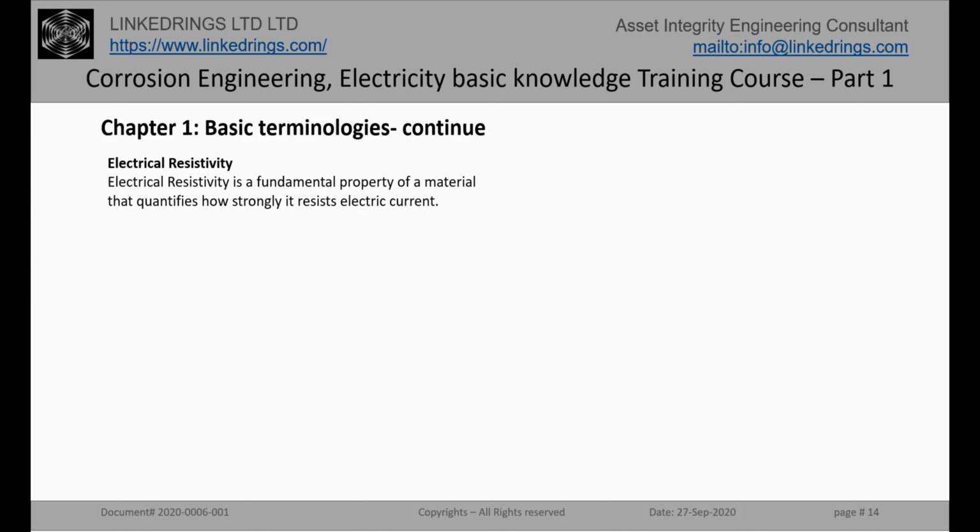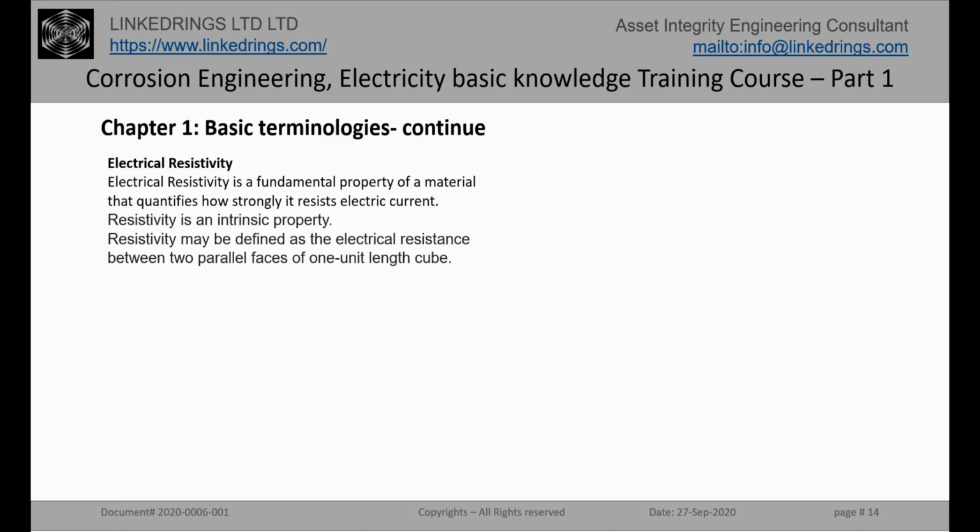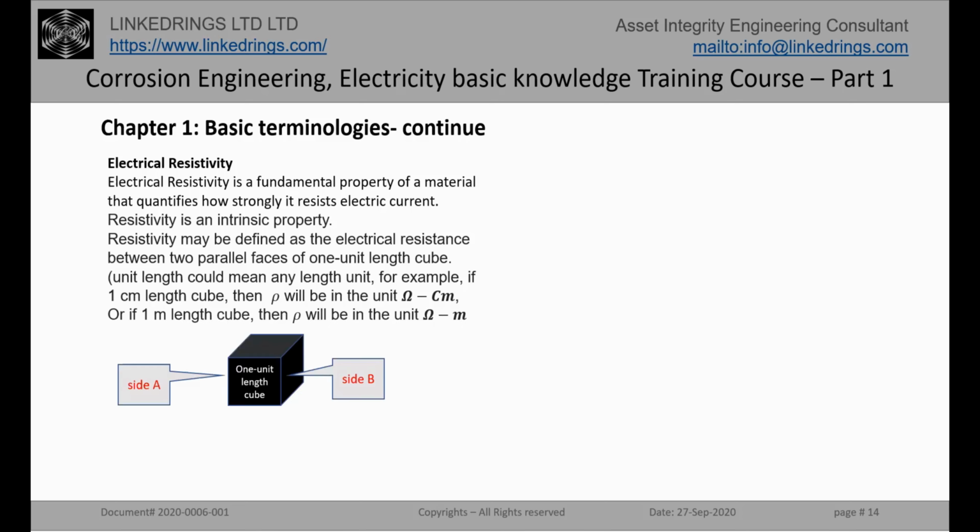Electrical resistivity. Electrical resistivity is a fundamental property of a material that quantifies how strongly it resists electrical current. Resistivity is an intrinsic property. Intrinsic property means it's a natural property. Resistivity may be defined as the electrical resistance between two parallel faces of a 1 unit length couple.